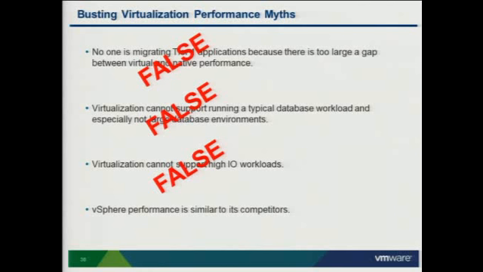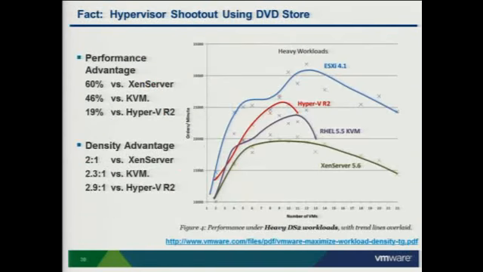And the last myth here is, vSphere performance is similar to that of its competitors. Jumping out and looking here, this was a study that we had done with TG Group. Basically, what we outlined here, using the Dell DVD Store workload, is that we can see much, much higher scalability on our platform and the capability to continue to host larger consolidation ratios.